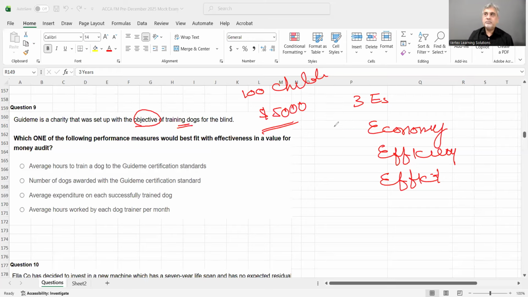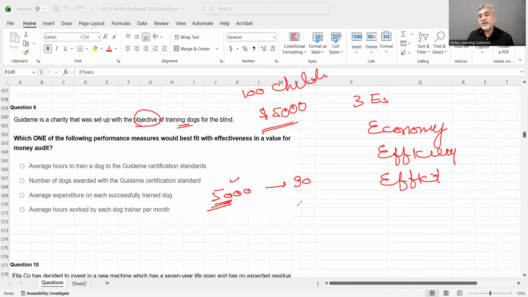So what can happen is that you spend $5,000 and you teach 90 children only. So I can say that you have the economy, but you do not have the efficiency or effectiveness because you did meet the budget, you did not spend more money, but you ultimately could not teach the 100 children.